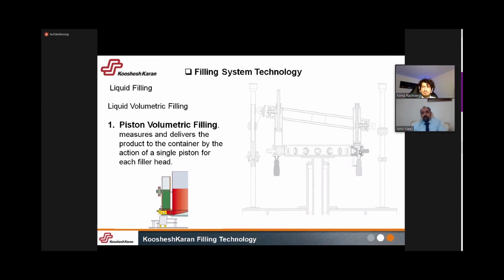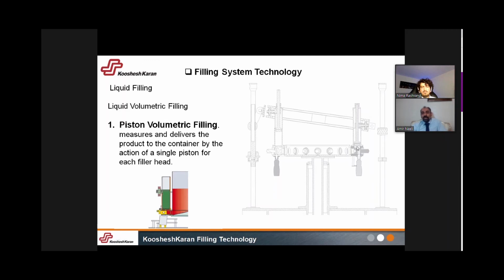When the piston comes up, it fills the piston. When the piston comes down, it fills the bottle. We use a special valve to change the way between the cylinder and the tank. I will explain it more.